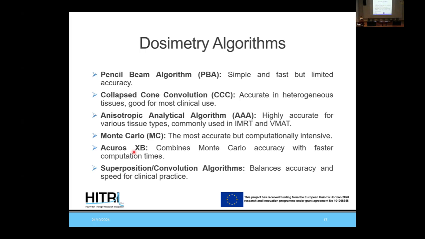Monte Carlo is used for VMAT and IMRT. For the anisotropic analytical algorithm, highly accurate, okay. It can be used for IMRT and VMAT, I don't think so, it's in my experience, small experience. Okay, it's very good, but Monte Carlo is better.